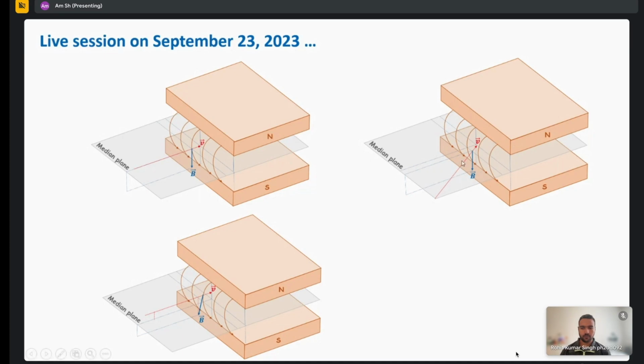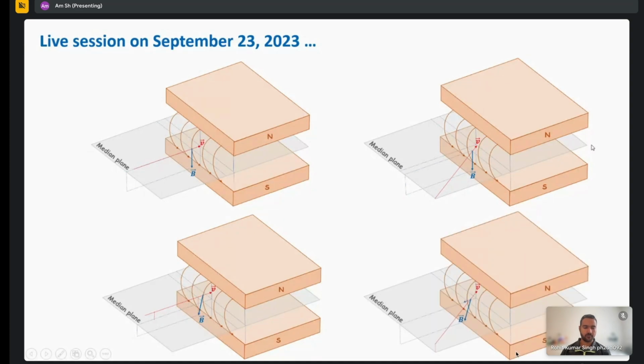Now if the particle is coming here in the median plane, again on the median plane there will be only vertical components of the field. So the particle on the median plane will not feel any force in the vertical direction. Due to the vertical component of the magnetic field, it will feel only horizontal force. So the particle on the median plane will remain in the median plane. It will not deviate from the median plane. In the median plane, there will be bending horizontally.